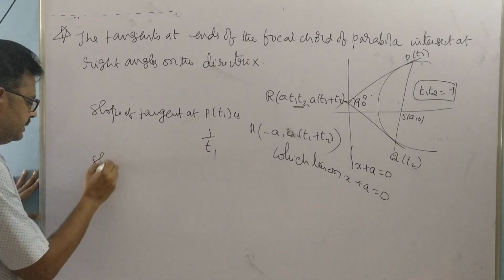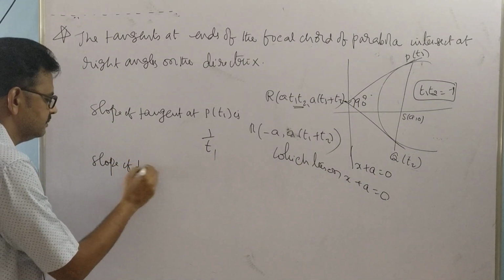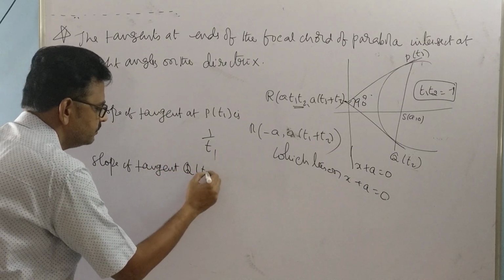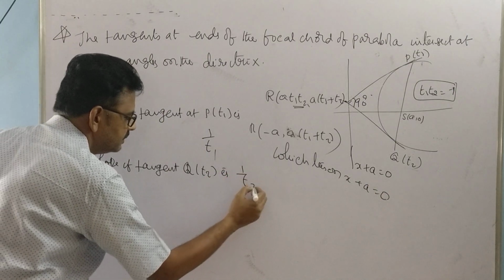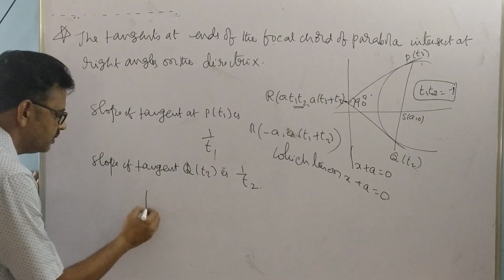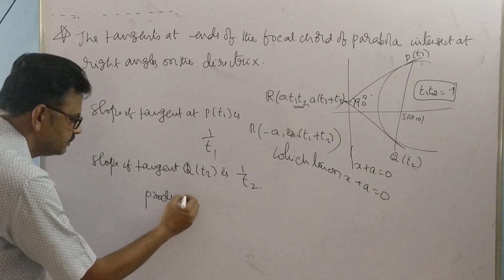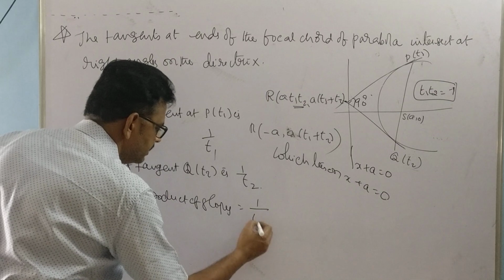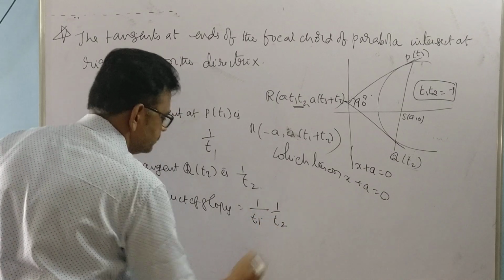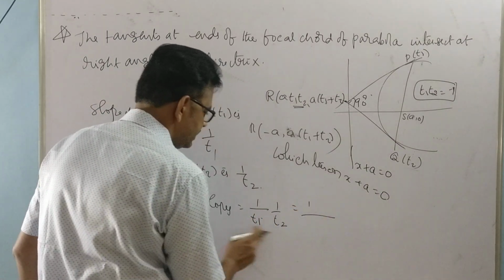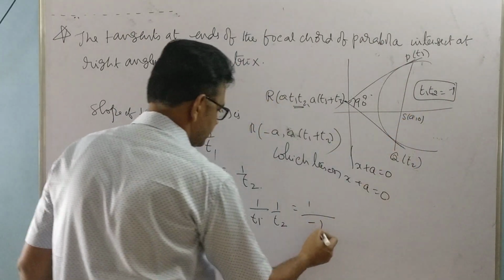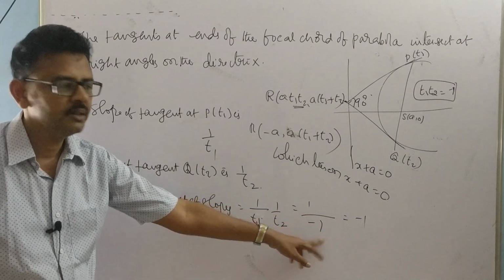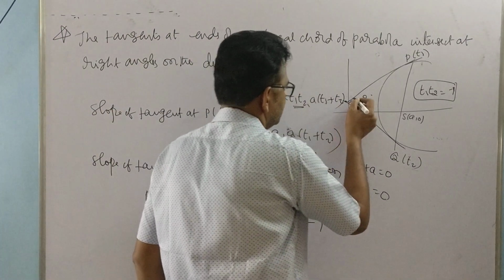Slope of tangent at Q, t2 is 1 by t2. Now the product of slopes is 1 by t1 into 1 by t2, that is 1 by t1 t2, where t1 t2 is equal to minus 1. Therefore, product of slopes equal to minus 1. So the tangents are perpendicular, 90 degrees.